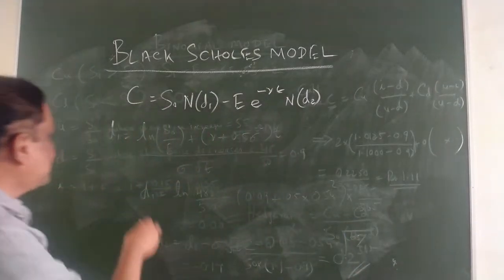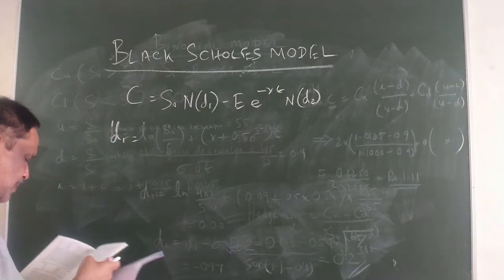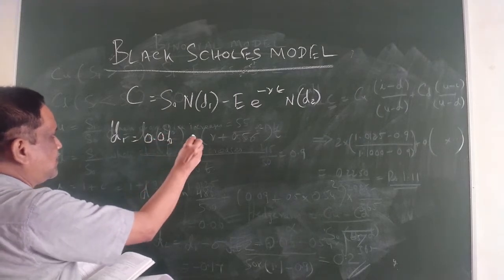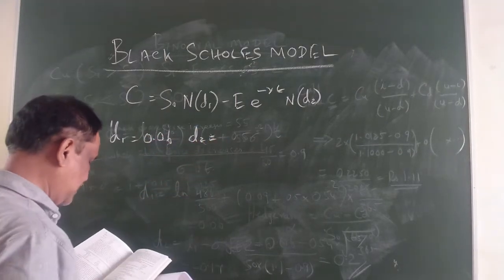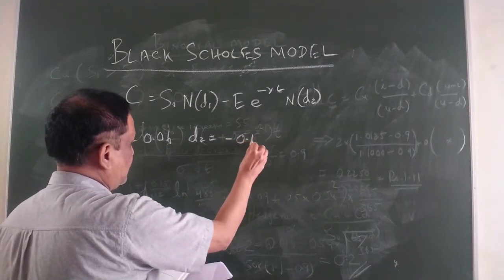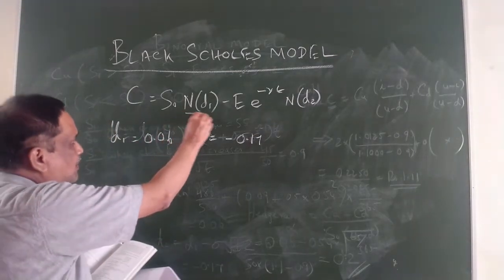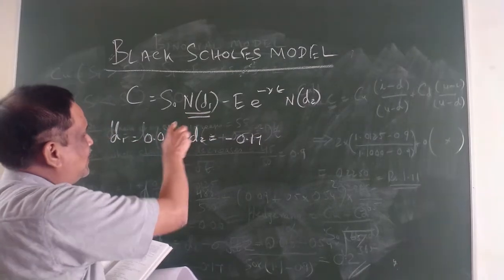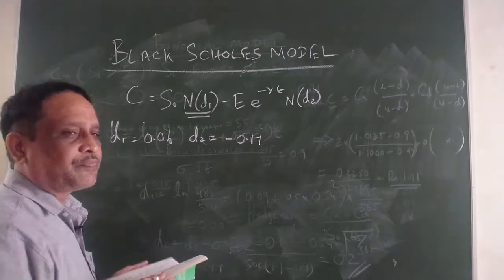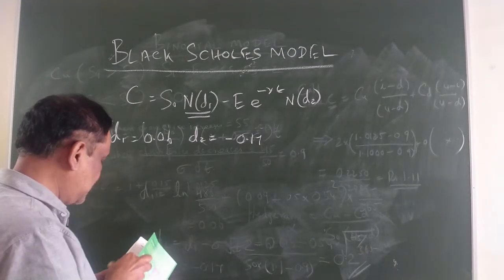So we have calculated d1 to be 0.06 and d2 to be minus 0.17, and in the formula we need the normal distribution value of d1.